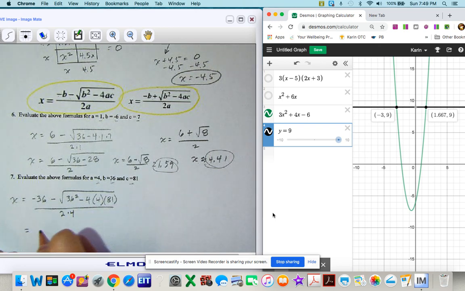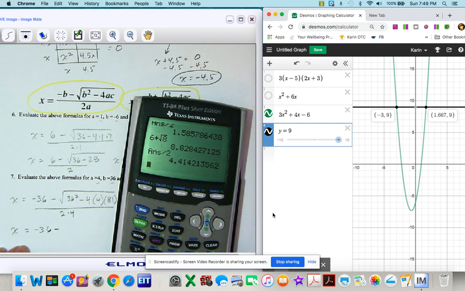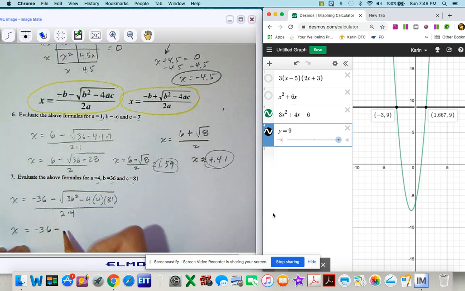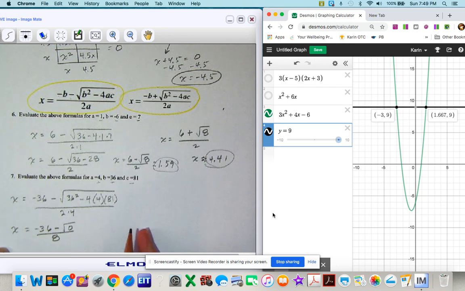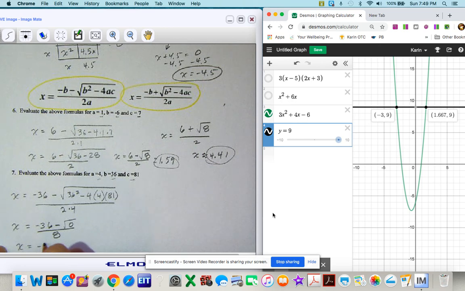So I get x equals -36 minus, let's see what all this is. 36 squared minus 4 times 81, oh, so minus the square root of 0, over 8. So I get x equals -36 over 8, which is -4.5.